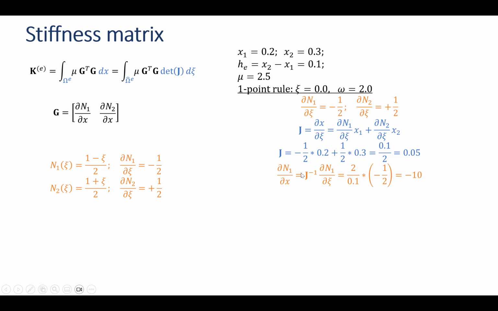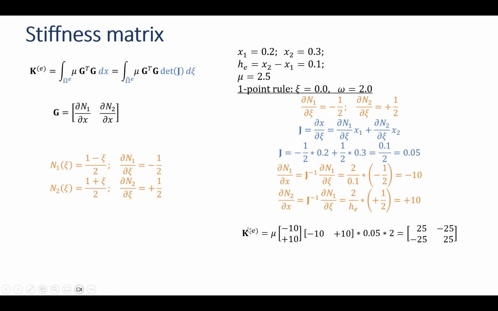and then we can calculate dN1 by dx, dN2 by dx. Okay, dN1 by dx is minus 10, dN2 by dx is plus 10, and once we know dN1 by dx, dN2 by dx, we get G. Okay, and then we can calculate the stiffness matrix. So we remember we are using Gauss points, right? So mu G transpose G, where G is minus 10 plus 10, and this is G transpose.